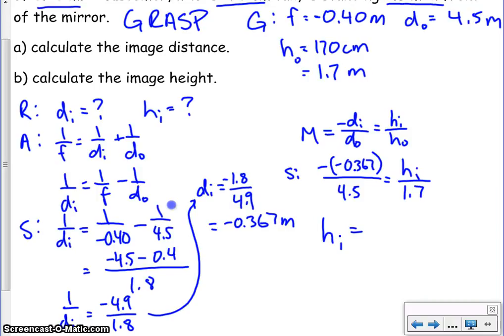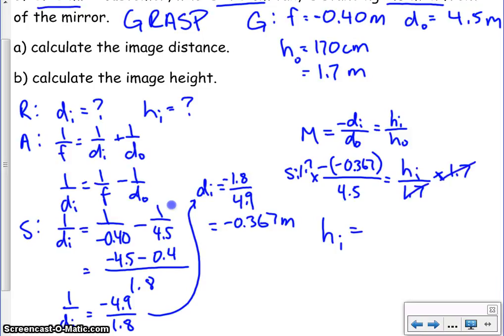When you have two negatives beside each other, it becomes a positive. I'm going to multiply both sides by 1.7, and that's what hi is going to be.